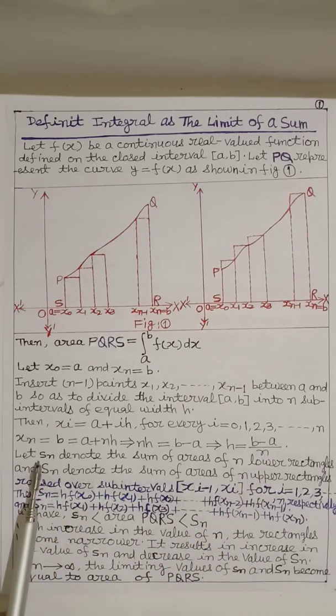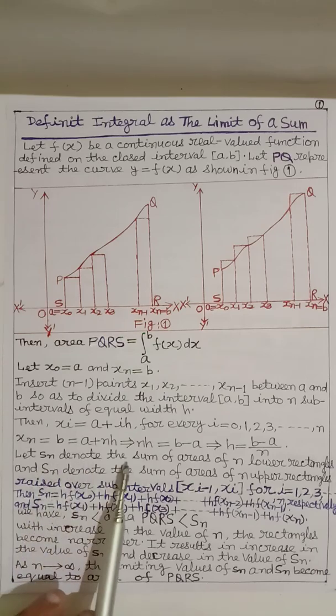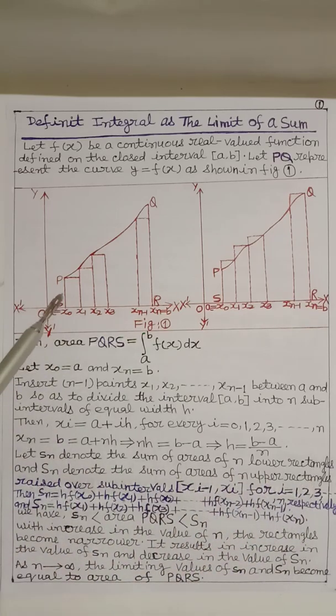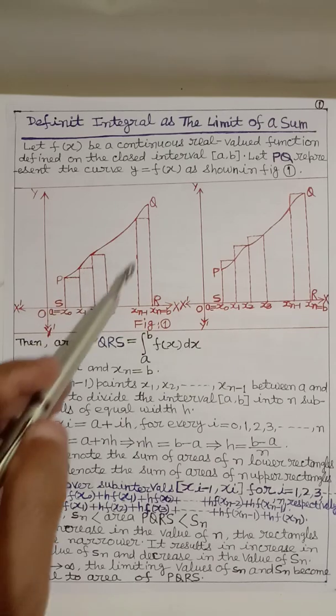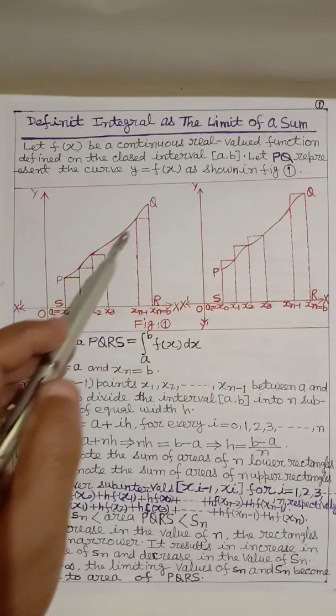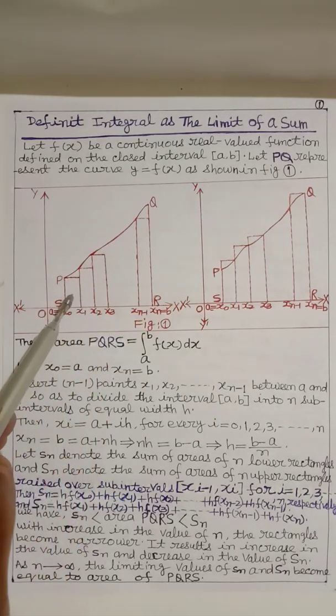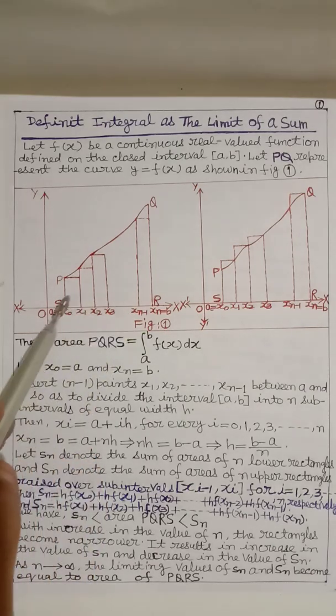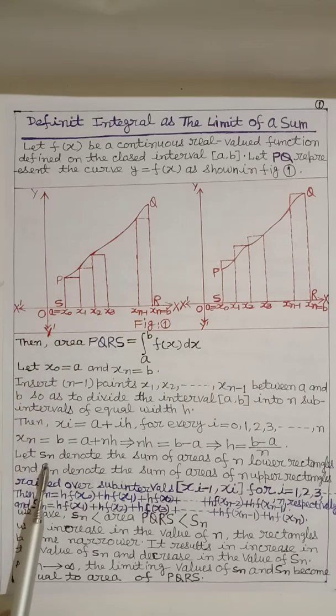Dear students, let small sn denote the sum of areas of n lower rectangles. These are lower rectangles below the curve, and the sum of areas of n lower rectangles is denoted by small sn.